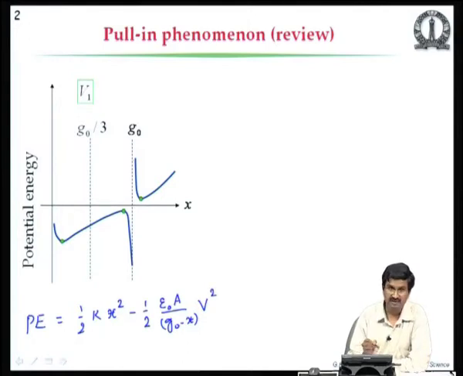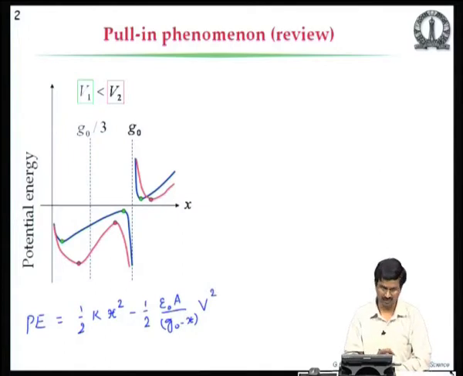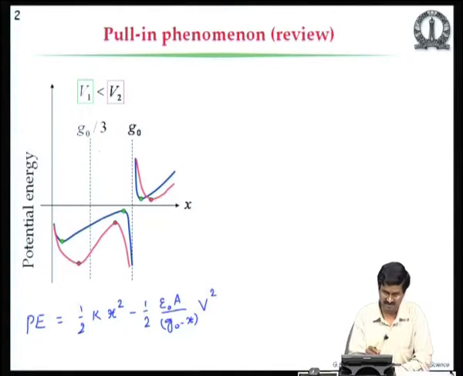As we increase the voltage, let us say V2, the stable equilibrium solution has to increase, because we get more displacement when we increase the voltage, and the unstable one also moves this way, toward this dashed line here, which is g naught over 3, 1/3 of the gap. That unstable equilibrium solution value decreases, it comes like this.